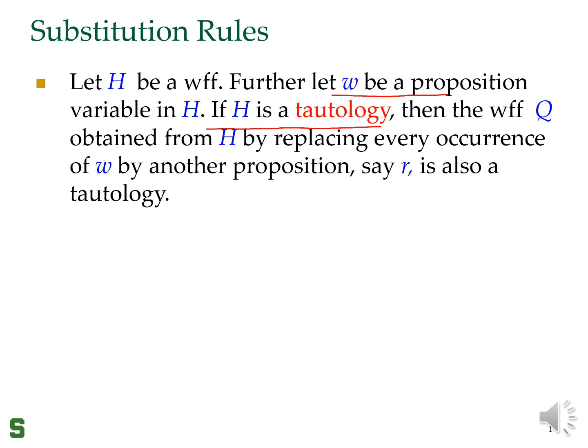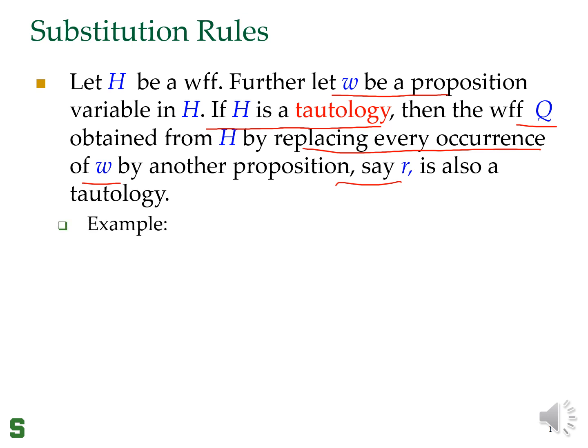Then we can obtain another formula Q by replacing every occurrence of W by some other proposition R. If we do that, what we get will also be a tautology.